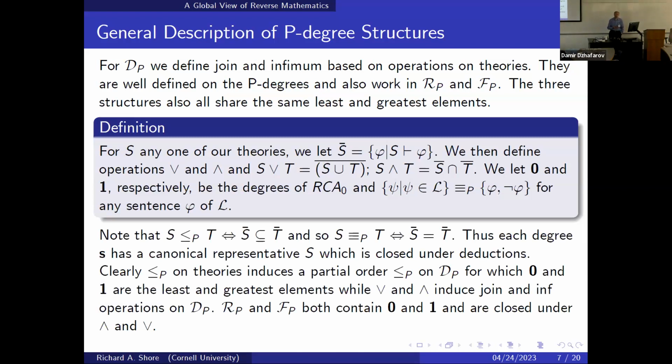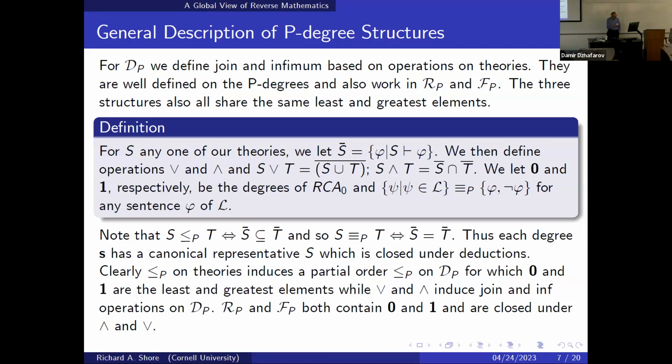Now this closure operation produces what I call a canonical representative of the degree. Namely, you take any element of the degree and take its closure under deduction, and that's in the degree, and it's the biggest one under set theoretic containment. Anyway, it's a nice representative, and I'll frequently, as degree theorists do, confuse notation between the degree and a nice representative, because there are too many fonts otherwise.